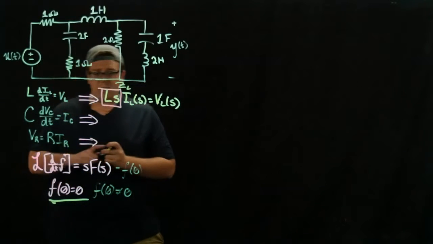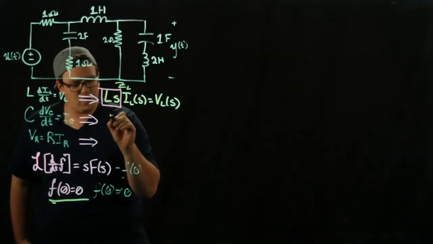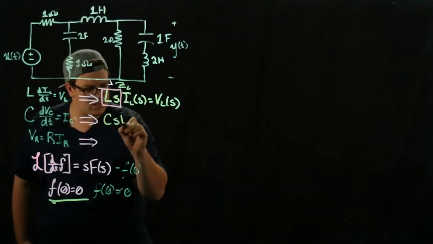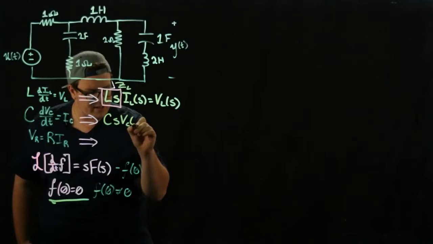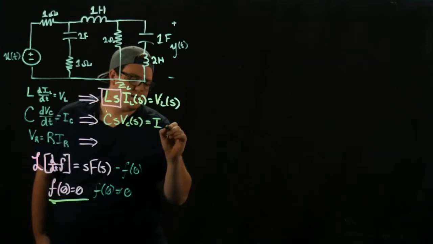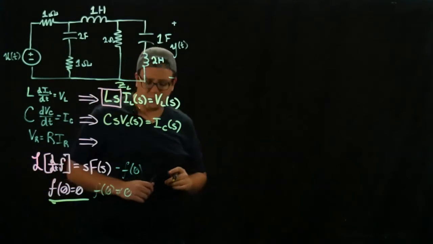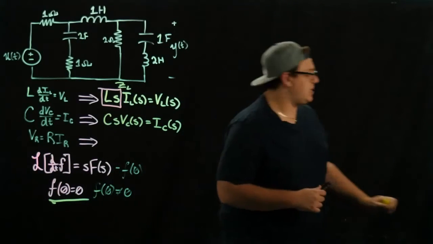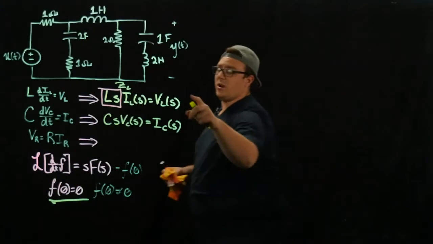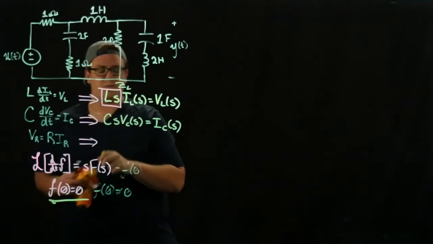If we do the same thing for the capacitor, we get that Cs V_C(s) is equal to I_C(s). This is not in the same form. Here we have the voltage on one side and the current being multiplied, but here we have the voltage multiplied.